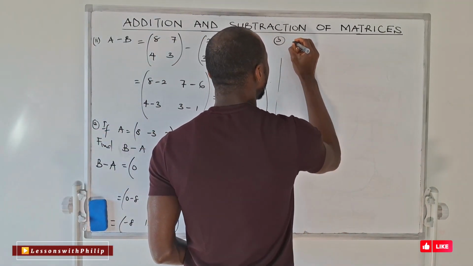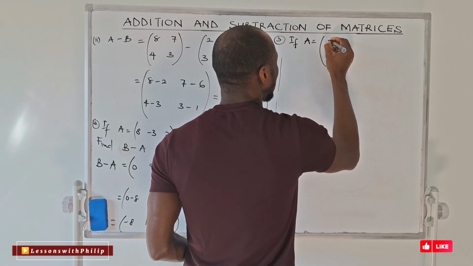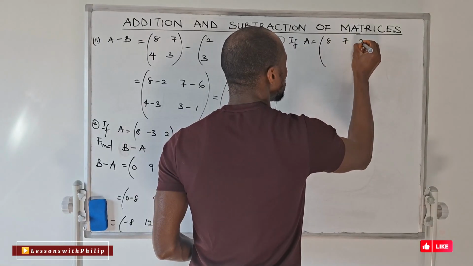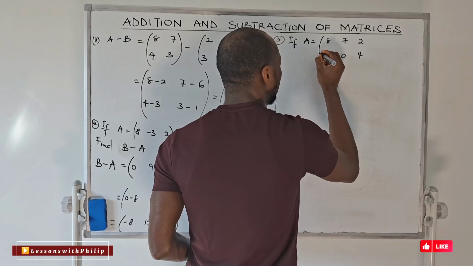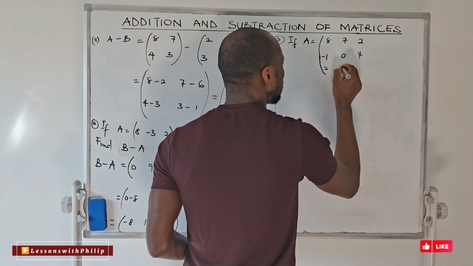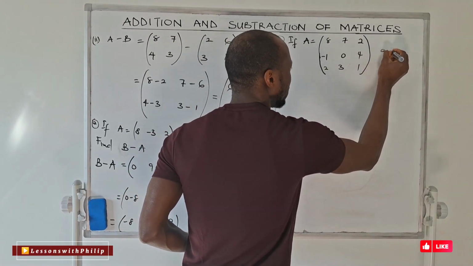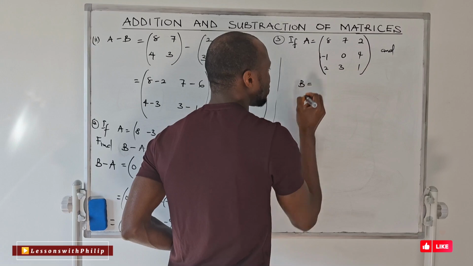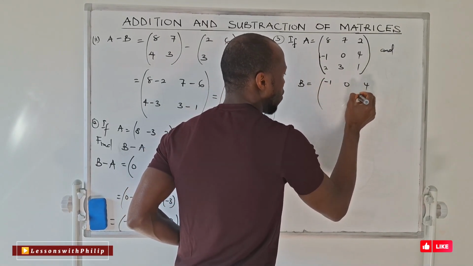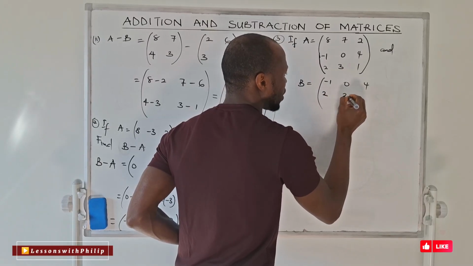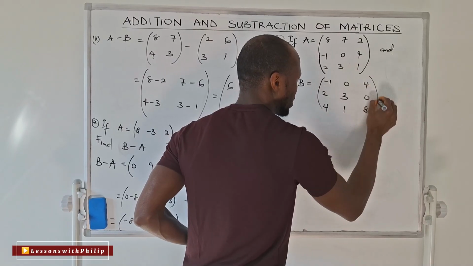Okay? Assuming you are given, if A equals to 8, 7, 2, minus 1, 0, 4, and 2, 3, 1 as A, and you're given your matrix B to be equals to minus 1, 0, 4, 2, 3, 0, and 4, 1, 8.